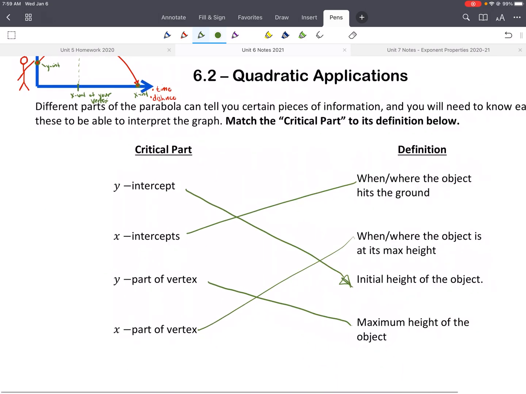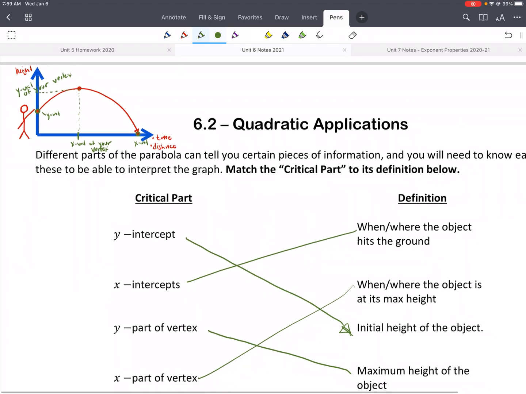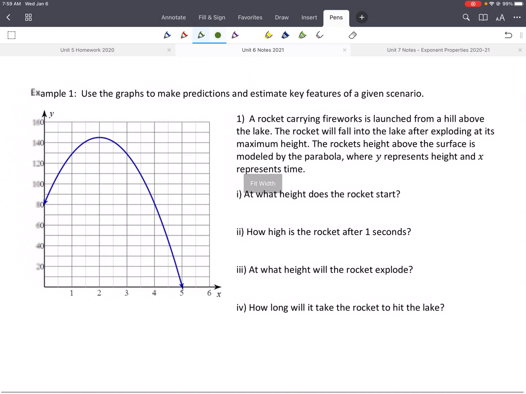Okay. All right, well, I think it will help most if we just do a problem. So let's see where we're at. Okay. So a rocket carrying fireworks is launched from a hill above the lake. The rocket will fall into the lake after it explodes. Okay, so like over here, maybe over here is our water, and the rocket is like taking off. Do my best to do a rocket, something like that, okay?